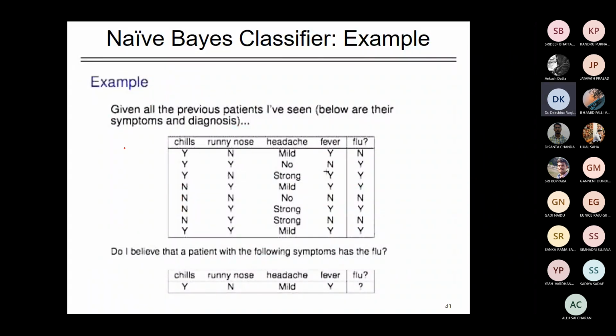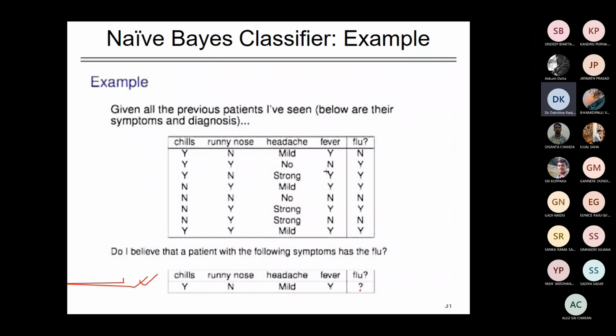Now this is another example from a naive Bayes classifier. So here we are also having four attributes: chills, runny nose, headache, fever. Now we have to estimate whether the person is having flu or not. This is the query, and in this query we are having four different conditions for different attributes.